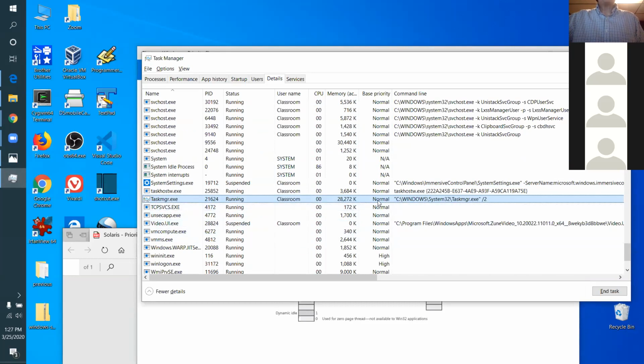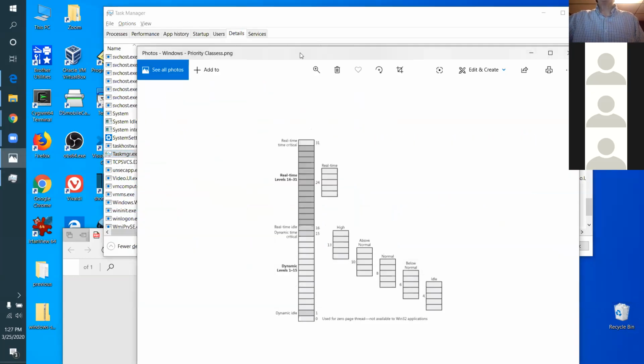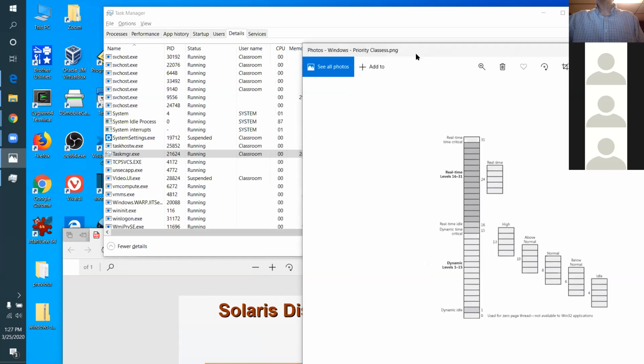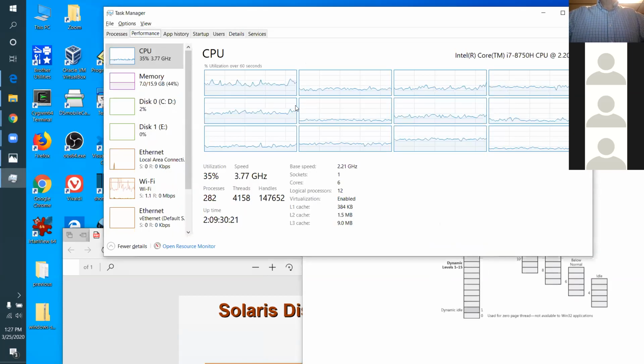Oh, no, right now Task Manager is running at normal. That's not good. Okay, what would that mean? Suppose I took an infinite for loop and put it in the high priority class. And suppose, now this machine has 12 cores, so I'd actually have to write 12 for loops, because I'd have to have one for loop to occupy each one of the 12 cores.